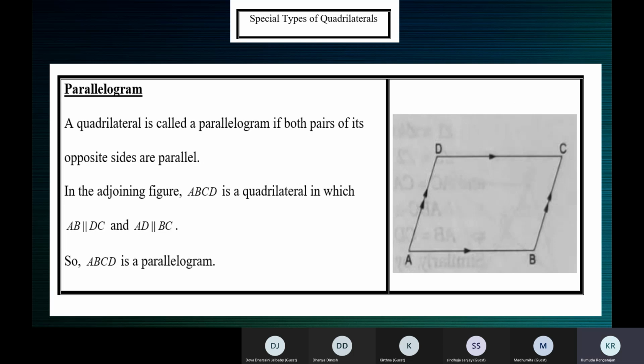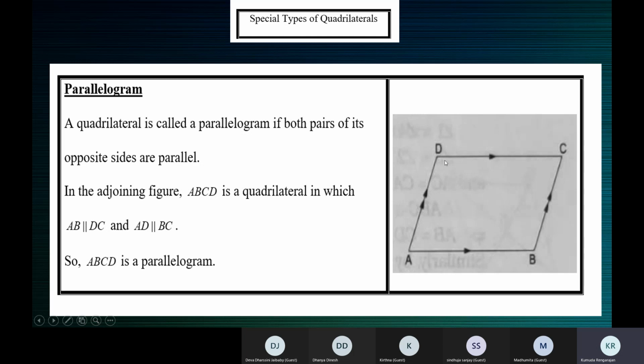Then what else do you have? They bisect each other, but not at right angles. In a parallelogram, diagonals bisect each other, but not at right angles. When we say they bisect each other, that means they cut each other equally. You have the diagonal AC, which is bisected by BD.